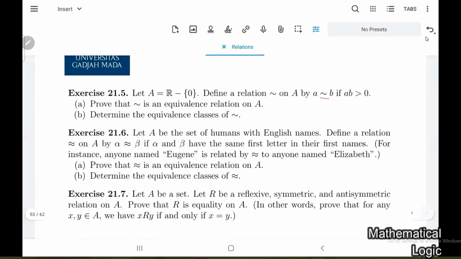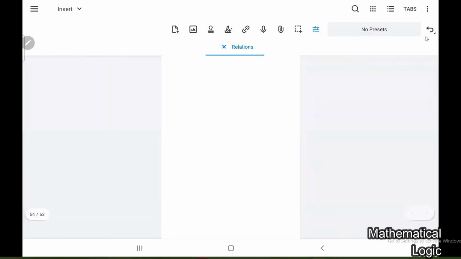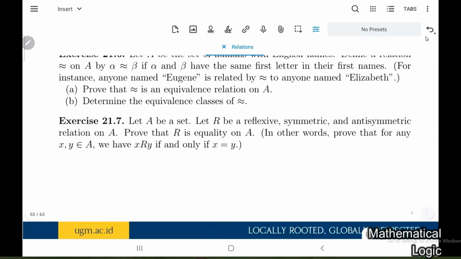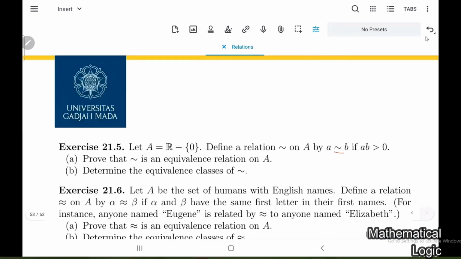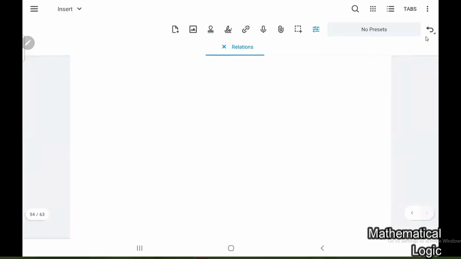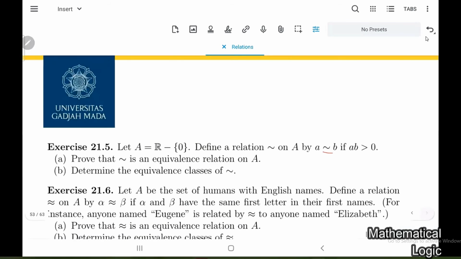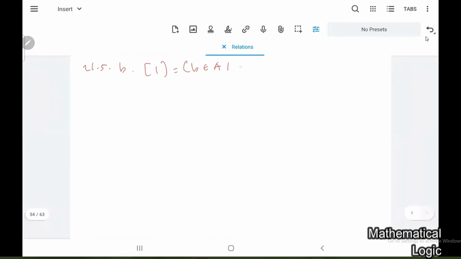Okay, so the difficult part is maybe point B. What are the equivalence classes? Just see, when we have 1, what is it? Everything in A such that 1 is related to B, right?